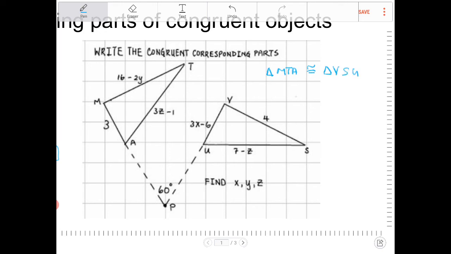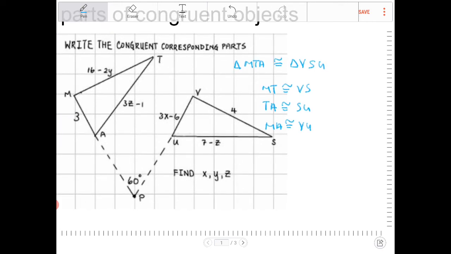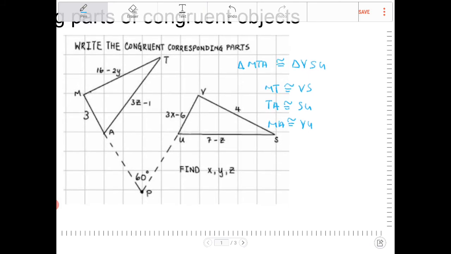So now MT corresponds with VS, TA corresponds with SU, and MA corresponds with VU. Again, the pairing of the letters must correspond. If that's the case, then now I have the working relationships, and I can solve for x, y, and z again.